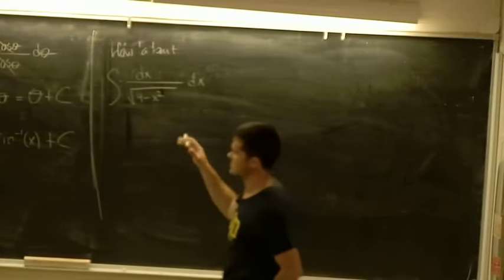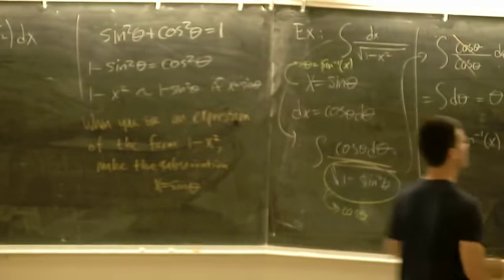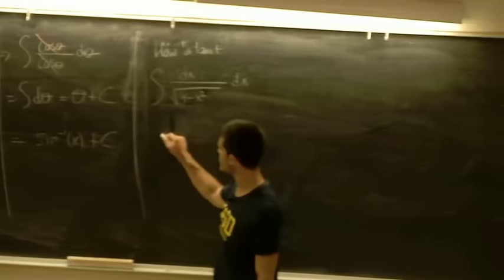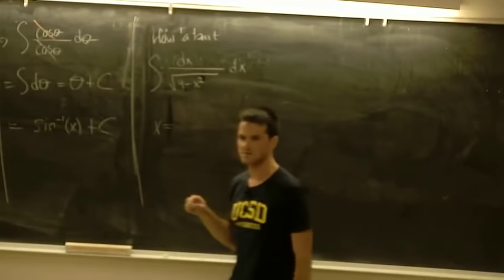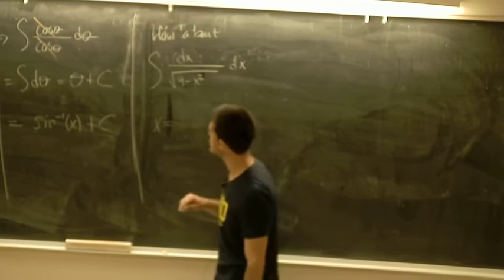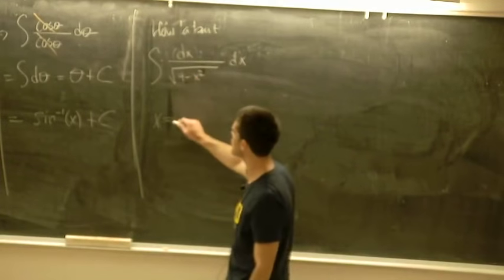All I did was, like I've been telling you everything for when the number is 1 minus x squared. Now I made it a 4. Do you know what the substitution should be here? Because sine won't work, cos won't work either. We need to take care of that 4.